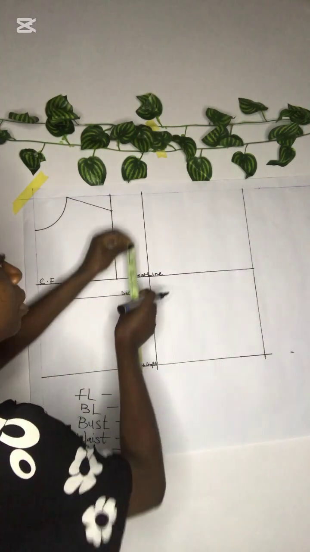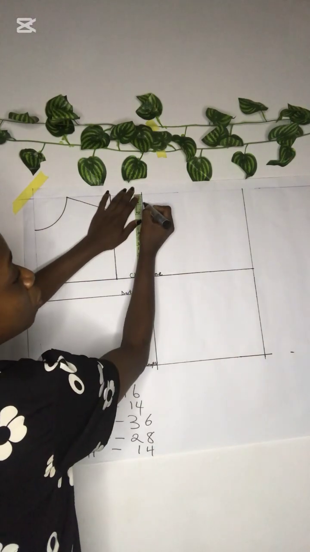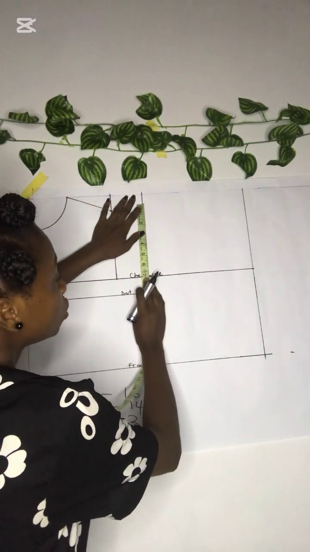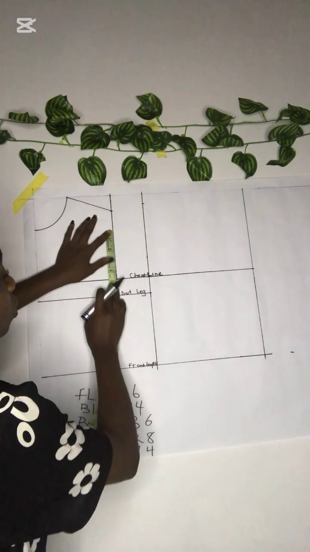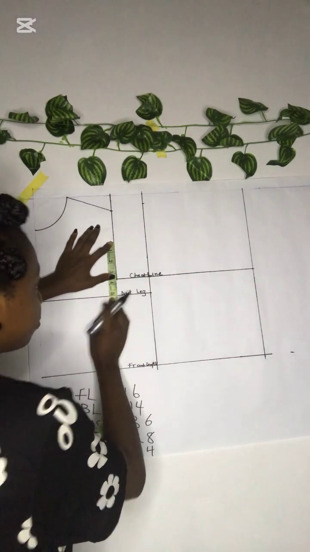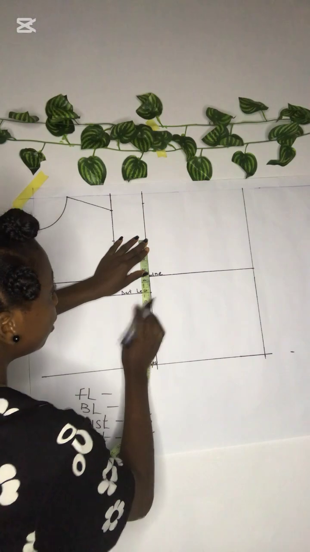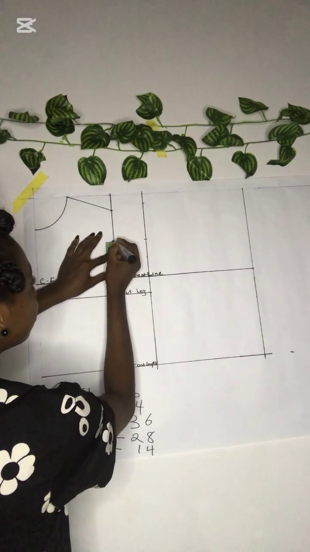So now for this armhole, you know the armhole is usually not always straight, it has one curve. So for that curve, you're going to go to the back, that's that line there, remove 1 inch, then what is left, you are going to divide it by 2. So let's say after measuring that one and removing 1 inch, you are left with, for example, after measuring everything, it's 8, and then remove 1 inch and then it's remaining 7.